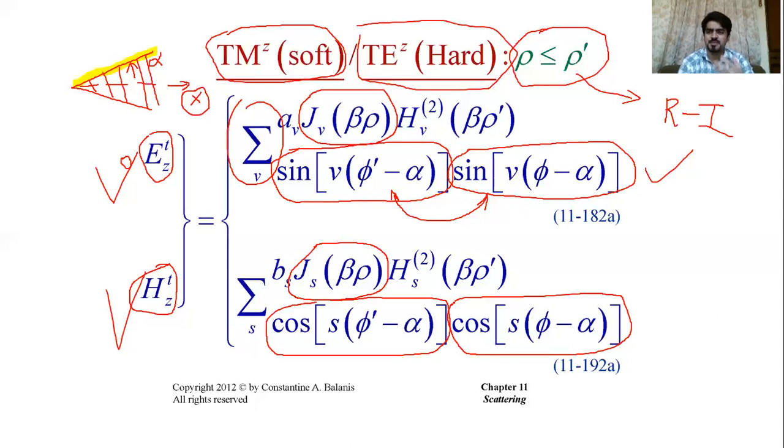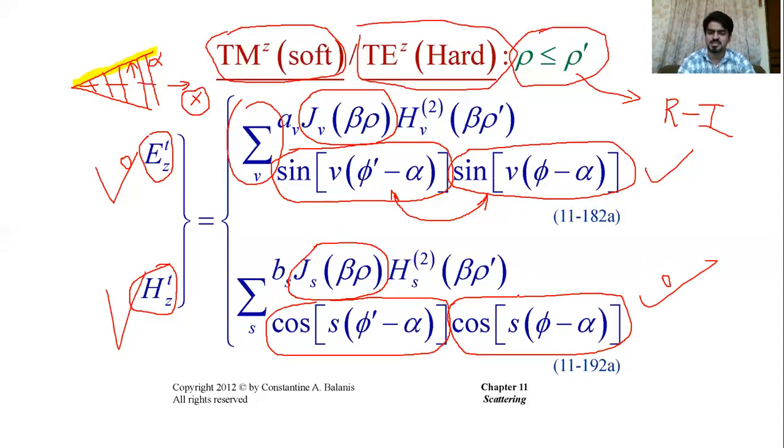And that's why we will be able to satisfy the boundary condition that at phi equals alpha, on the face of your wedge, the total E field should vanish. So that's why we introduce a cosine function instead of a sine function, because when we take a derivative with respect to phi, we should get a function which vanishes at phi equals alpha.